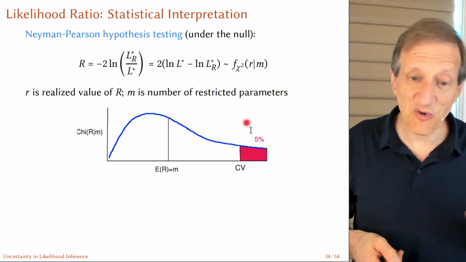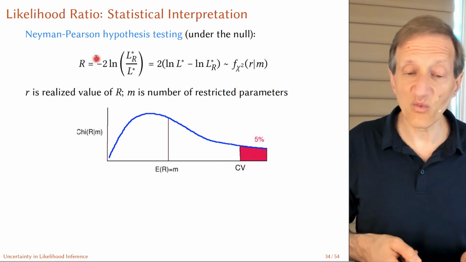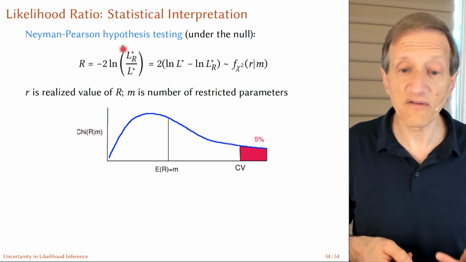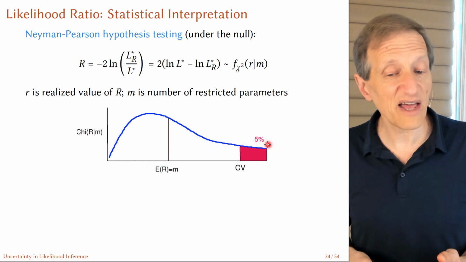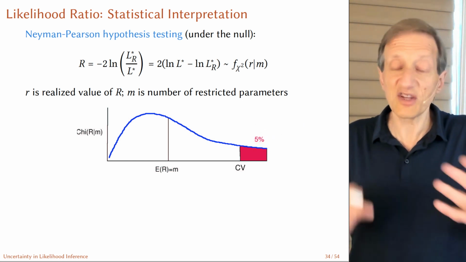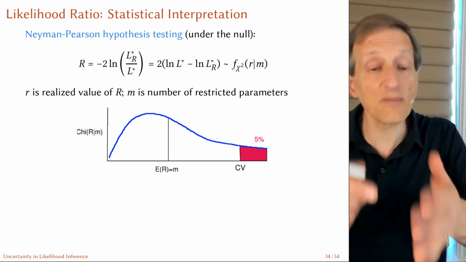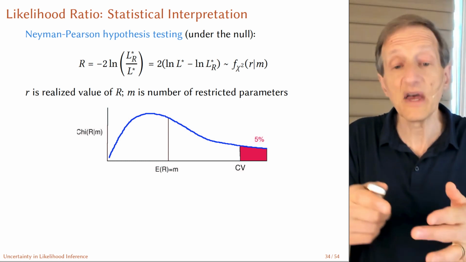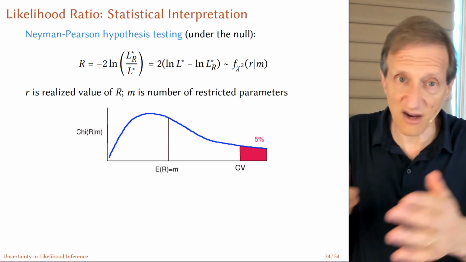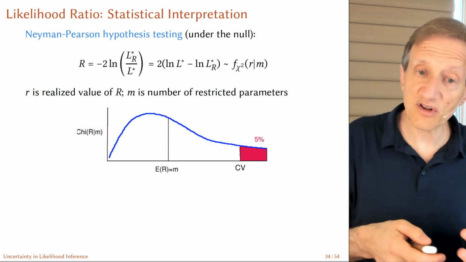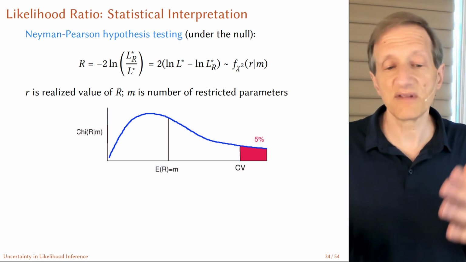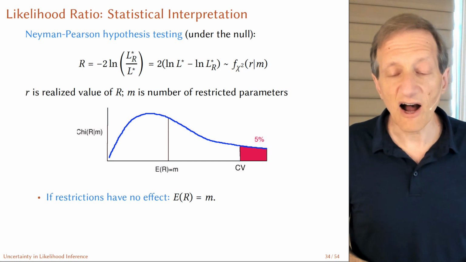And then we run the analysis and we figure out, well, what is R? What's the observed value of R? And if R is to the right of the critical value, then we say it's just too unlikely to have come from the null hypothesis in which there's no difference between the restricted and unrestricted models. But if it's to the left of the critical value, then we accept the null. That's the way the thing works.